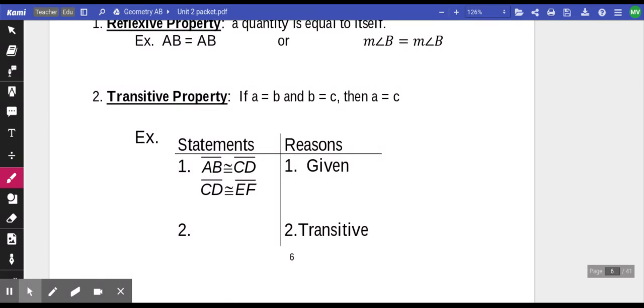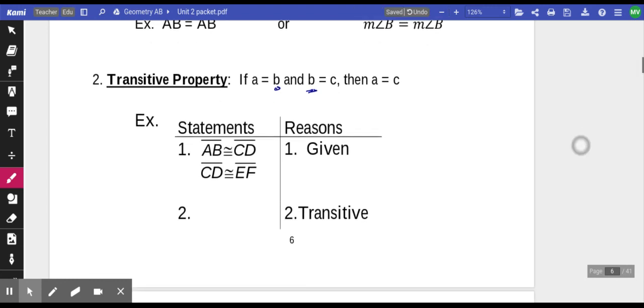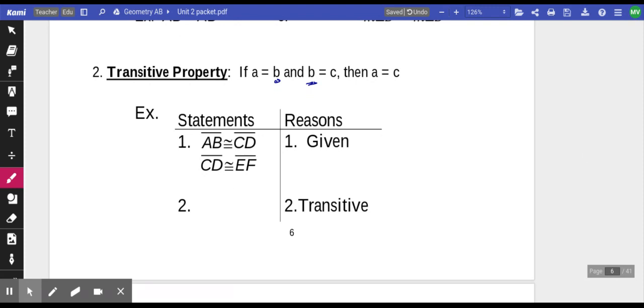The transitive property. This is something that kind of makes sense, but it's going to be important for us to use. It says if A equals B and B equals C, then we can kind of take out the B's and just say that A equals C. So how we would use this in a proof is, in this example here, we say that AB is congruent to CD and CD is congruent to EF.